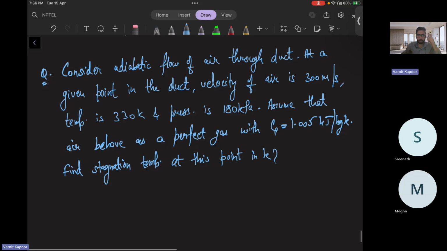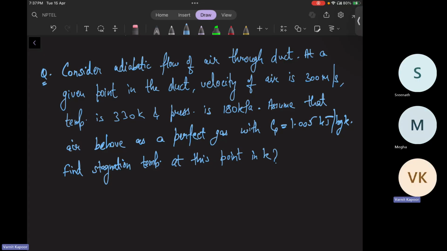Pretty simple question. You can do it. From this question, I want to introduce the concept of Mach.